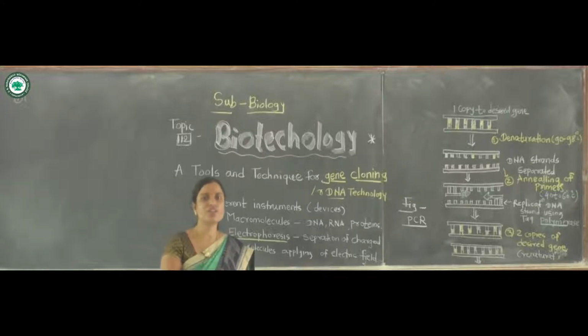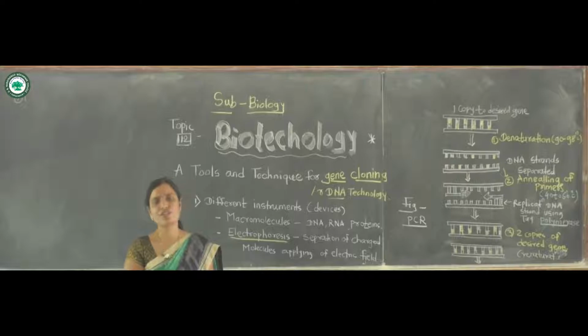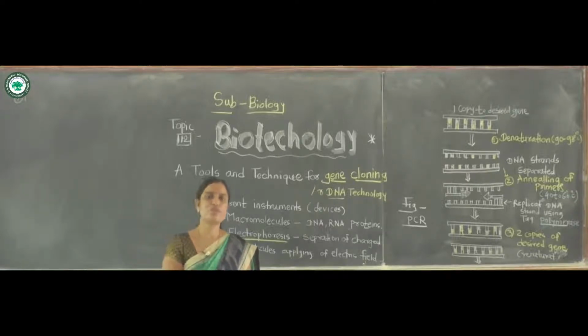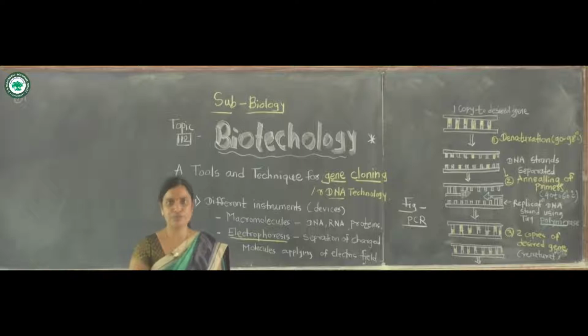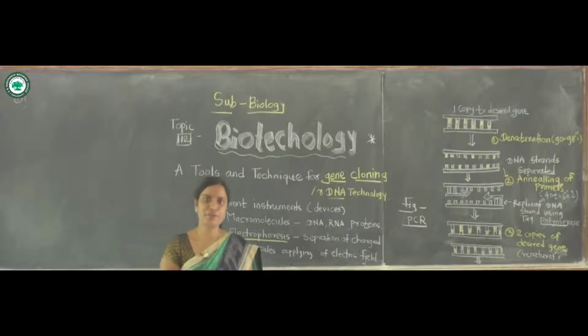One is genetic engineering and another one is chemical engineering. Genetic engineering is useful for the alteration of the gene or the alteration of genetic material, and it is the manipulation of genetic material directly in the cell.